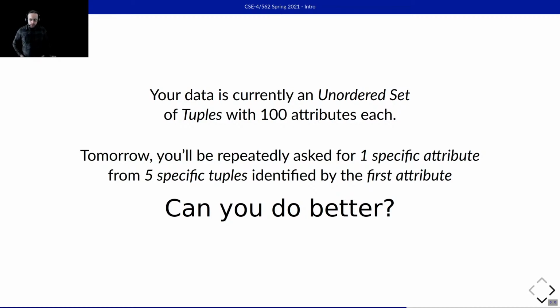All right, just in the interest of time, inverted indexing. Okay, so that is kind of what I'm going for here.